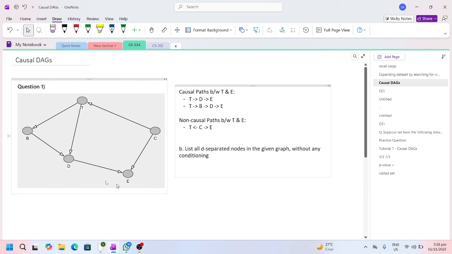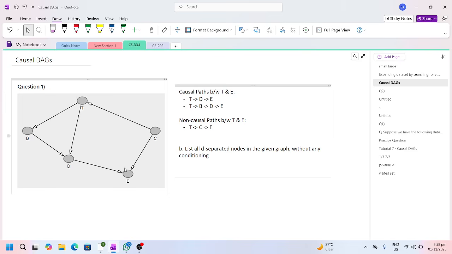So if you have a mediator, then you have to condition on it, otherwise they are not d-separated. And if you have a collider, then they already are d-separated, if there is a path with a collider. If you have a confounder, you still have to condition on it, otherwise they're not d-separated.